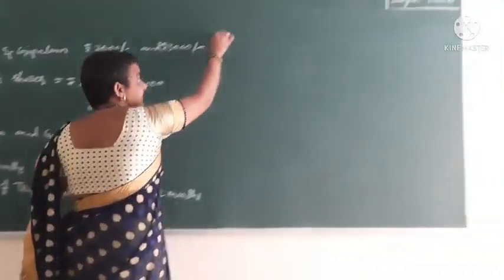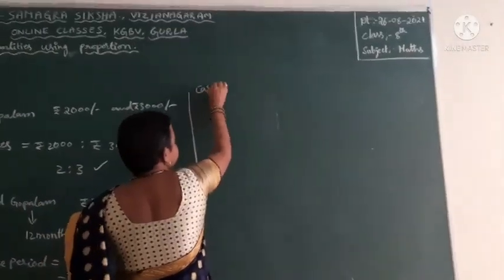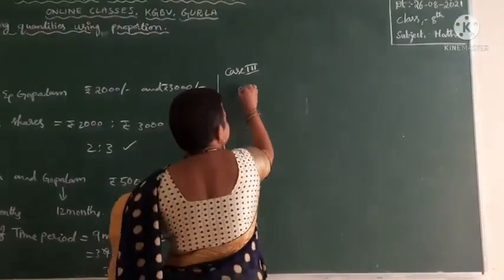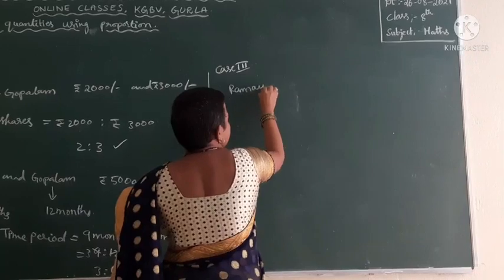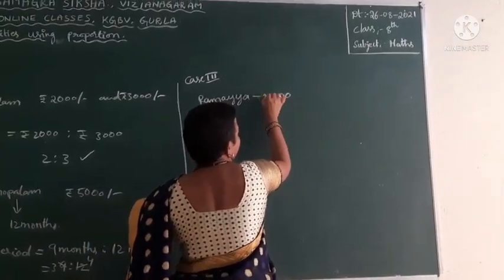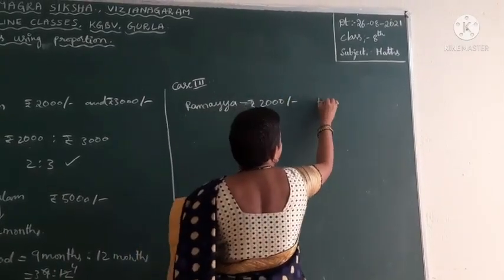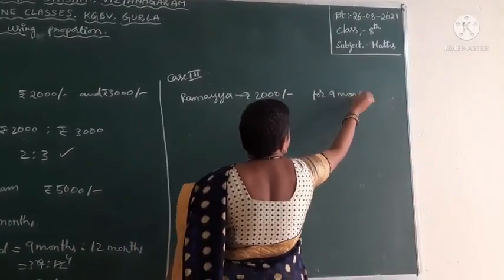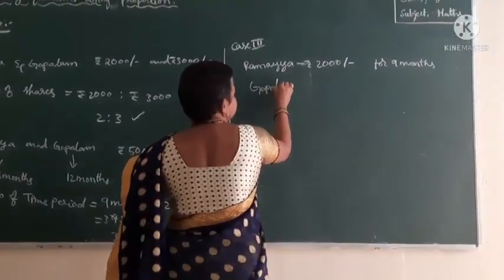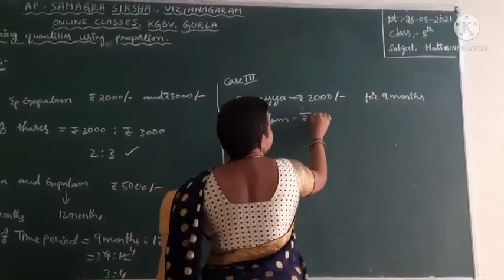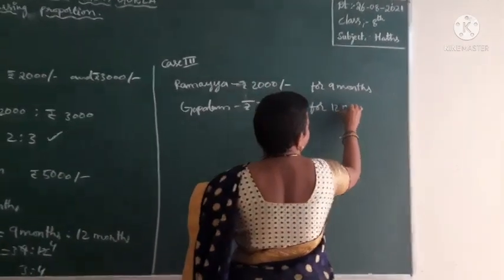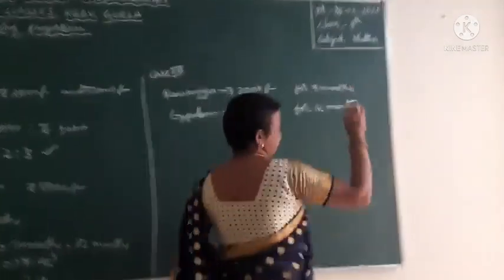Now, next is the third case. Case 3. Here, Ramaya invested rupees 2,000 for 9 months, and Gopalam invested rupees 3,000 for 12 months.